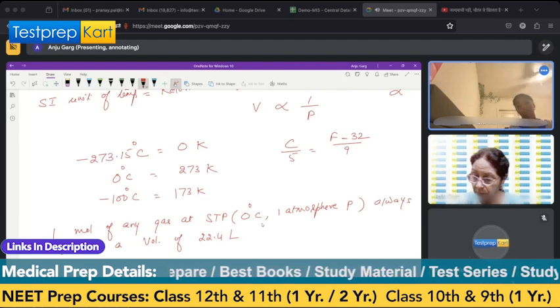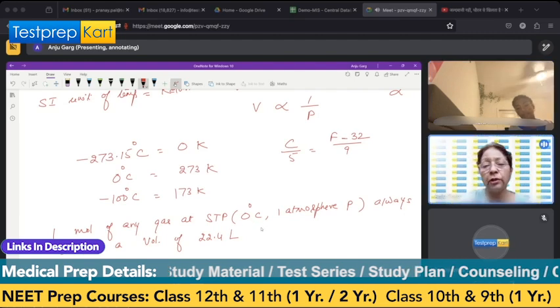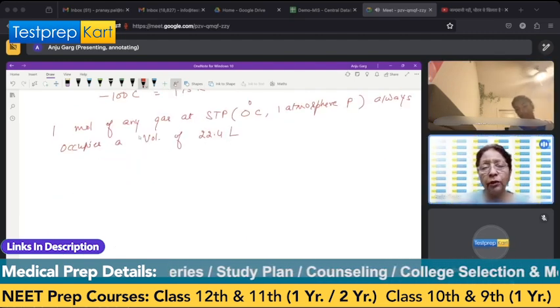So 22.4 liters it is. If you change the conditions, the volume will change accordingly, which you can find out from the ideal gas equation.